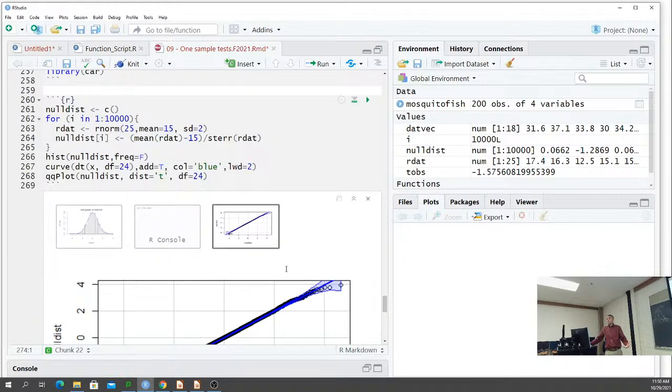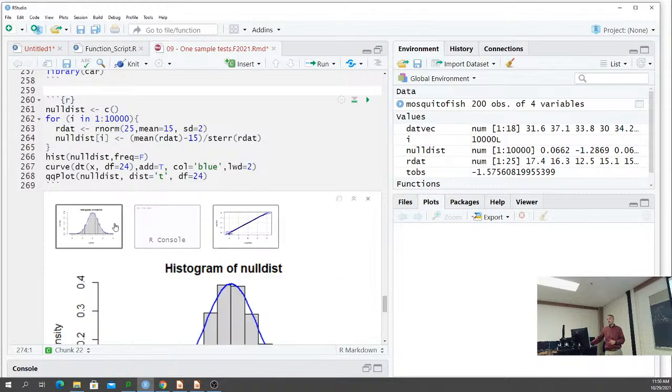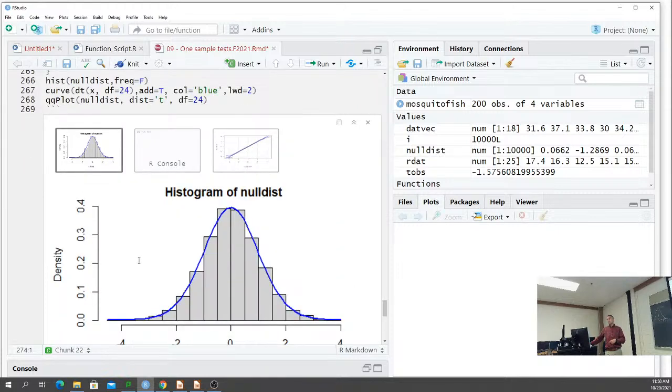So we report the t value, the t observed, and degrees of freedom, so that others can look at our data and calculate their own p-value, which should be the same that we reported. So we're being transparent in our analysis.